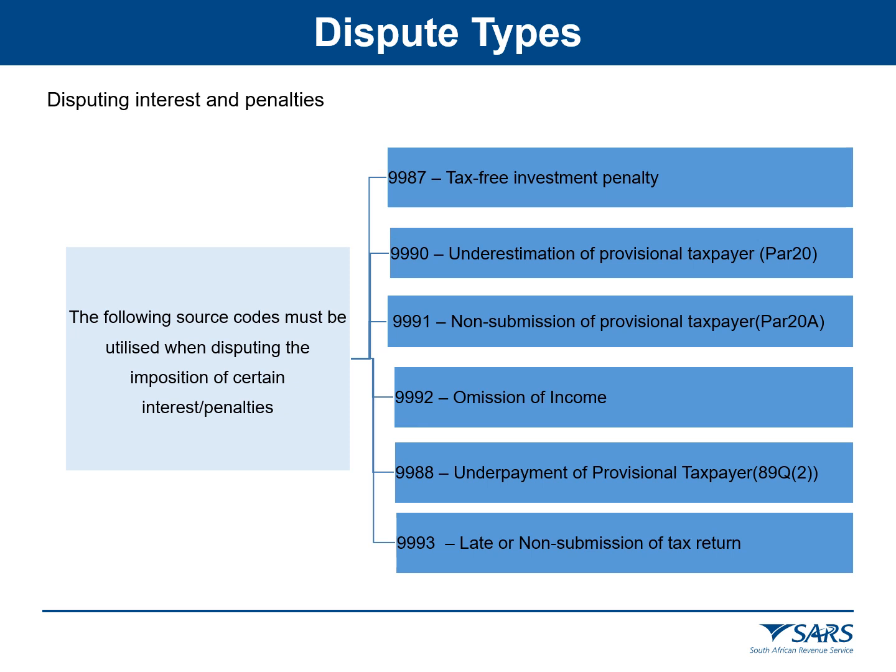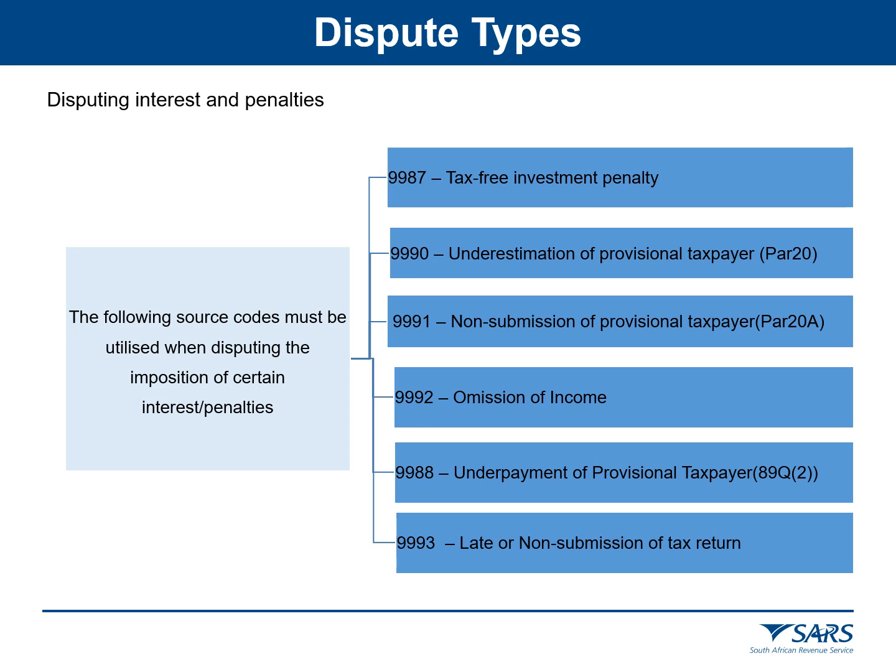Disputing interest and penalties. The following source codes must be utilized when disputing the imposition of certain interests and penalties. So you would see there's a code 9987 that is for tax-free investment penalty. Code 9990, this is the underestimation of provisional tax, which is paragraph 20. Then there's the source code 9991.